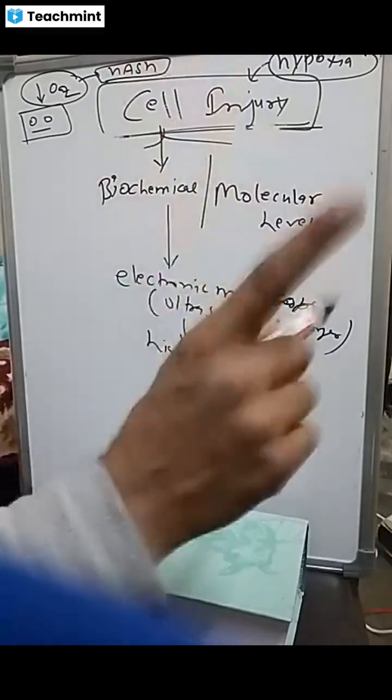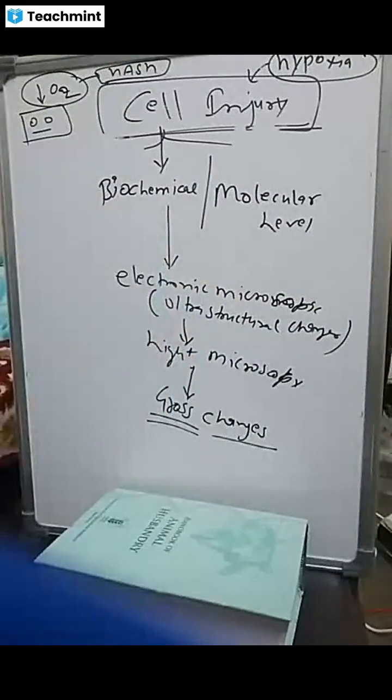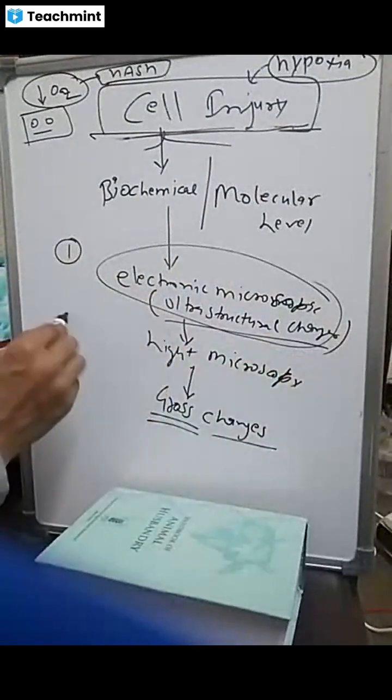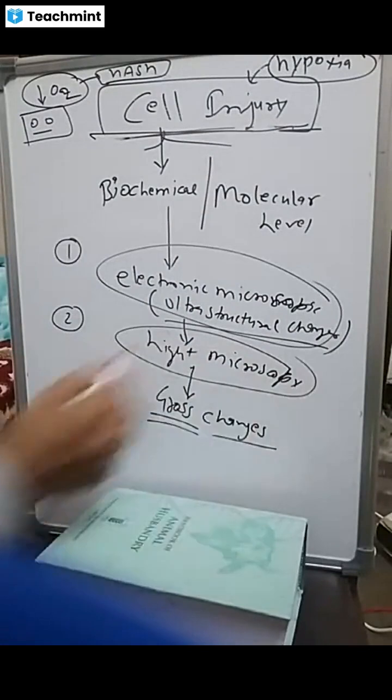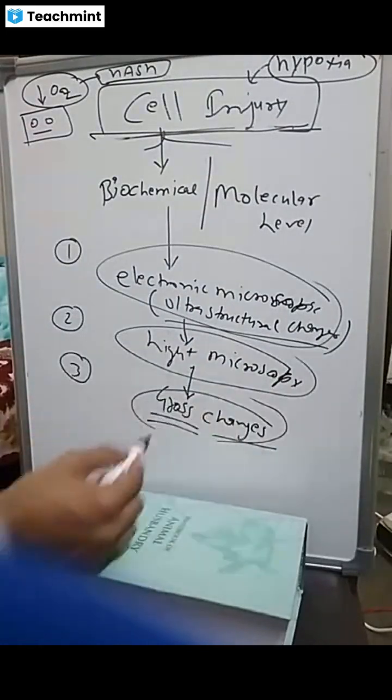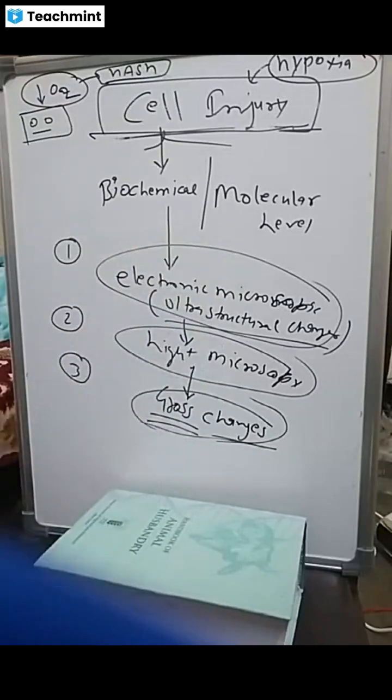So in pathology, for every cell injury we will discuss what happens at the ultrastructural level, and what happens grossly. For example, there is necrosis.